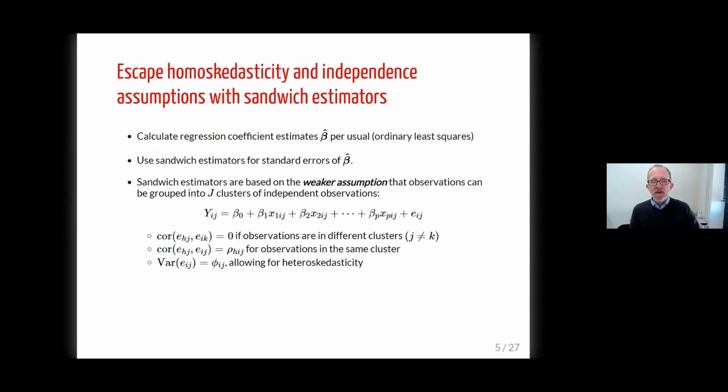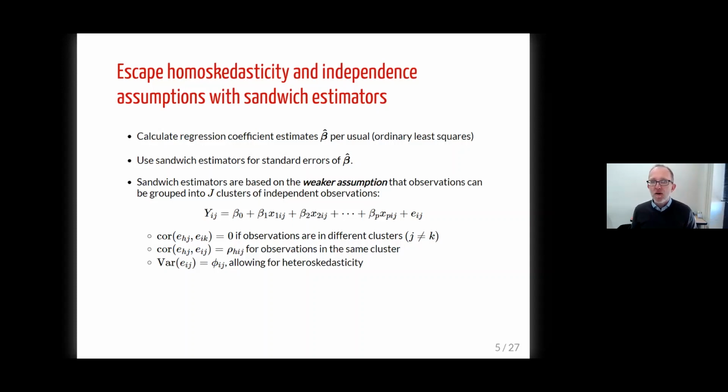So say you can group them into J clusters, where the observations from within the same cluster are allowed to be dependent in a really flexible, vague way, as long as the observations from different clusters, say a student in school A and a student in school B, have errors that are independent of each other. But if you've got two students from school A, we're going to allow that their errors may be correlated with each other.